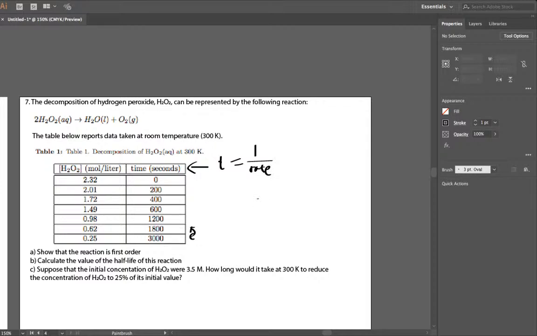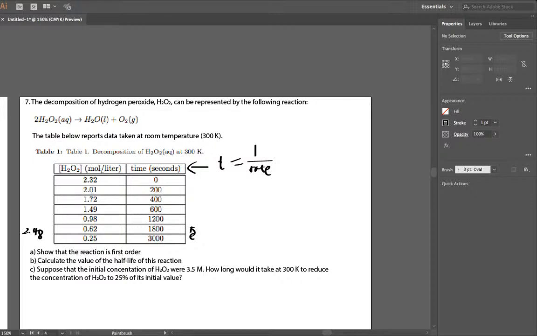So make sure that is on your mind. Let's try to find the ratio between those two. 0.62 divided by 0.25, that's 2.48. And then for the backside there, that would be 3000 divided by 1800.